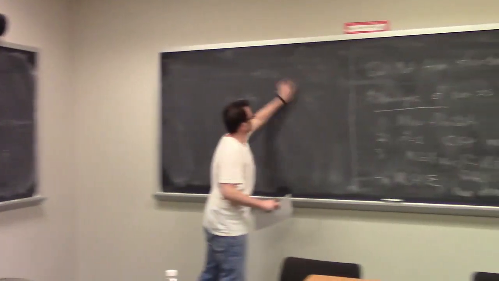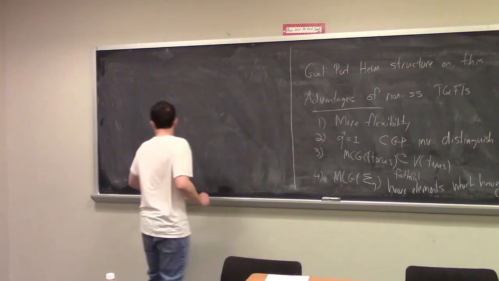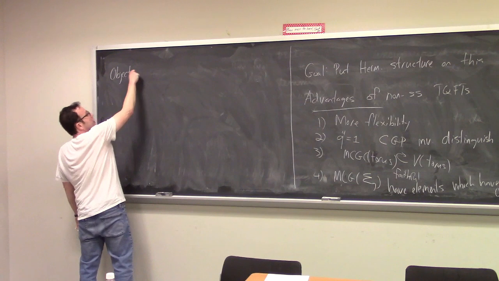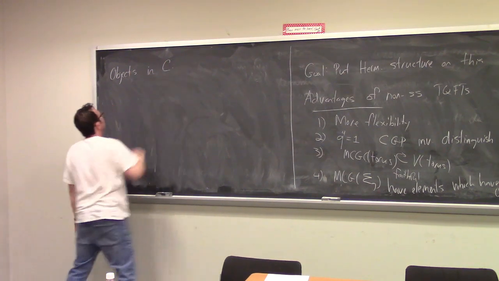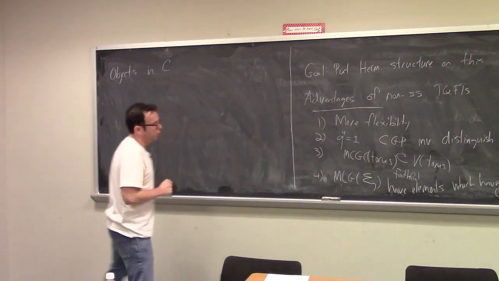Okay, so some objects in this category, so we could get maybe a little more concrete. So there are objects V alpha.